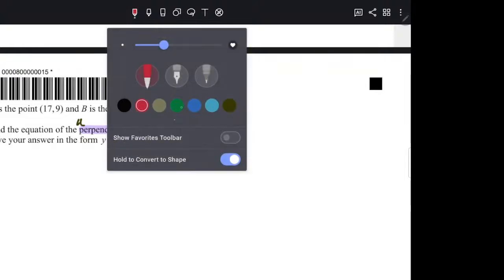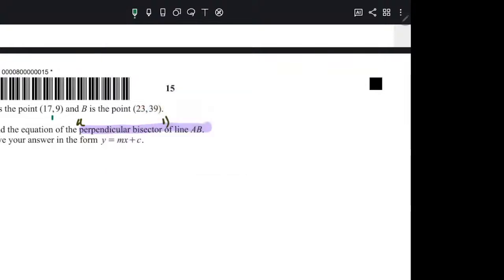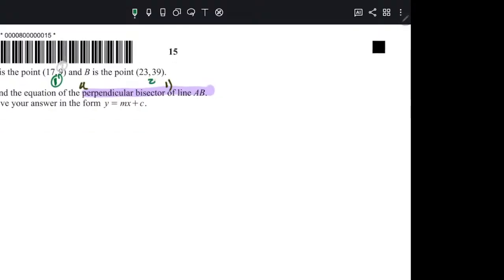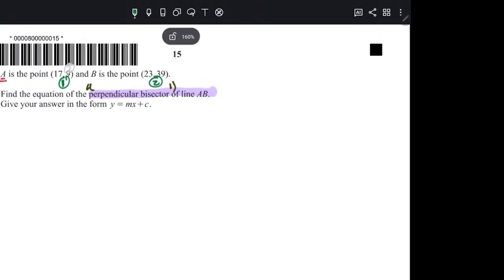You go to the first point, you call it point 1, then the other one is obviously point 2. At point 1, the x is x1 and the y is y1. At point 2, the x is x2 and the y is y2.